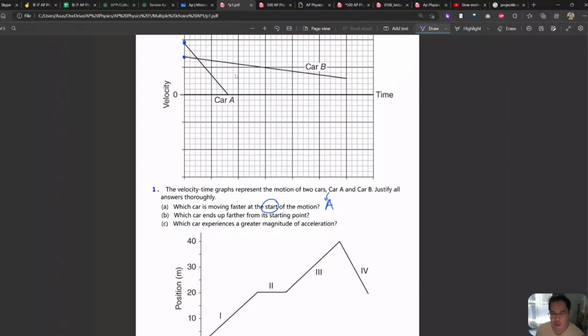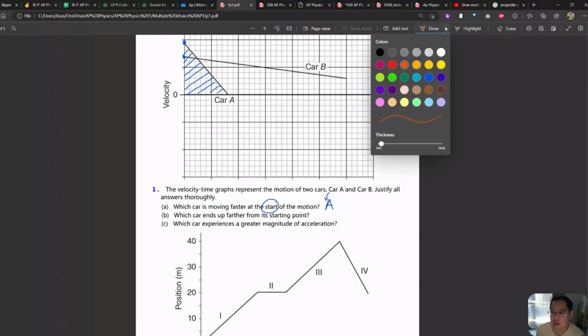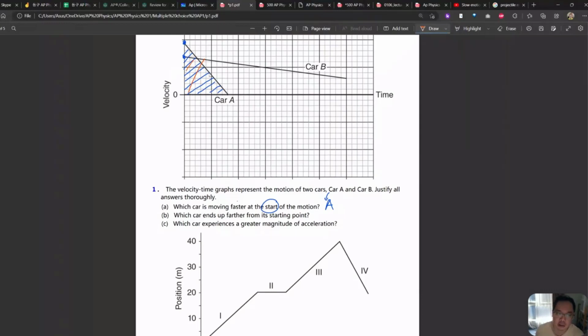To answer that, you need to use the area. The area under each graph represents the distance that object travels. Car A travels this distance, the area of this triangle, which is certainly less than the area of car B. Greater area, okay? Yes. B, greater area.